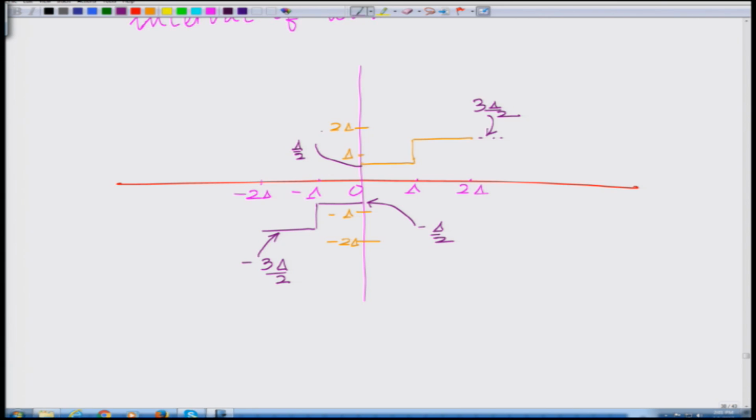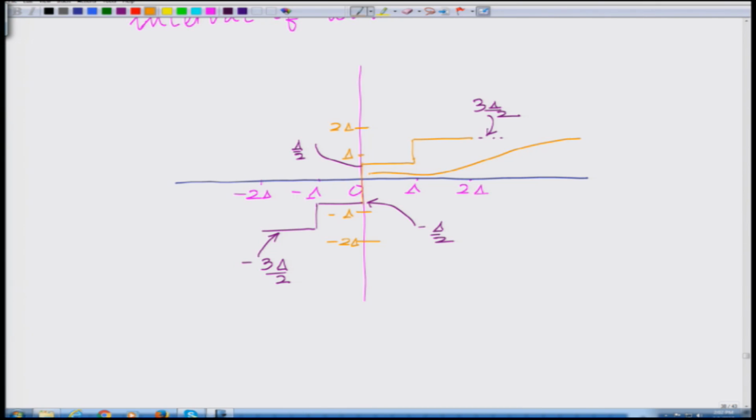And therefore, naturally you can see that in the middle, that is at 0, we have the quantizer characteristic which is rising at 0.